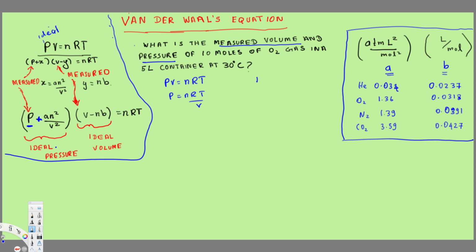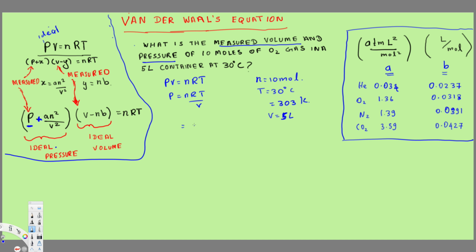We have 10 moles, and then temperature is 30 degrees Celsius. We have to convert into Kelvin, so we add 273, and that will give us 303 Kelvin. And then we have the volume, that is 5 liters, so V is equal to 5 liters, and that's all the information we have.